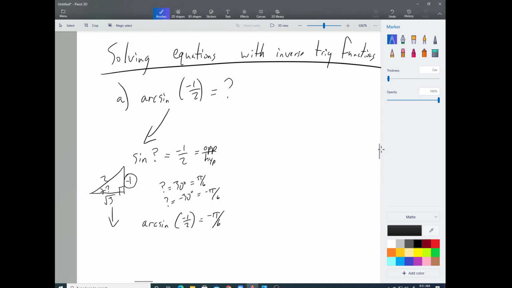And here it probably would have been more appropriate for me to have drawn my triangle down here to show that that is a negative.